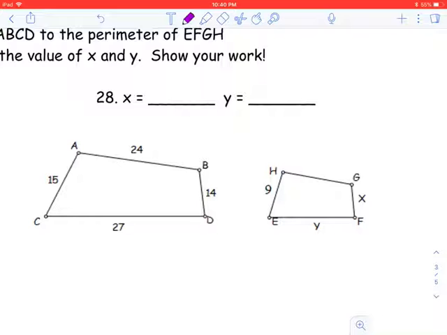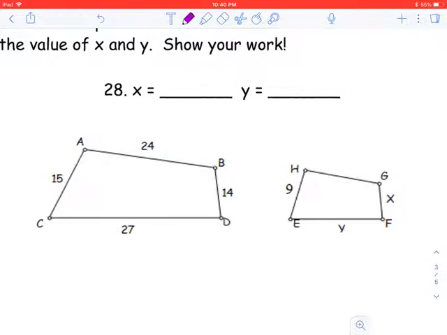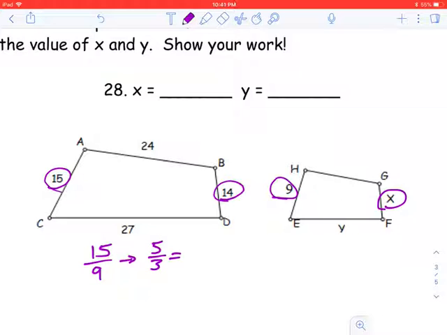So 28, we've got, these two are similar. So I've got x in here, and then 15 goes with 9. 15/9 actually reduces to, divide by 3, we get 5/3. So 5/3 equals 14/x.